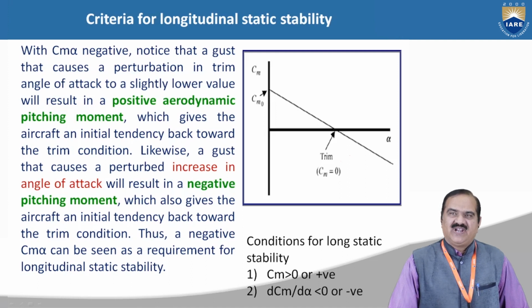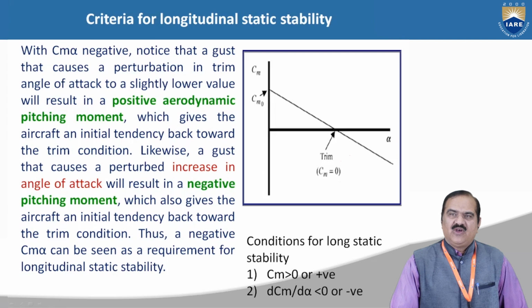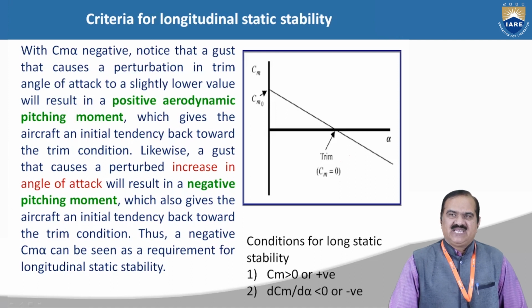With Cm alpha negative, notice that a gust that causes a perturbation in trim of the angle of attack to a slightly lower value results in a positive aerodynamic pitching moment, which gives the aircraft an initial tendency back towards the trim condition.